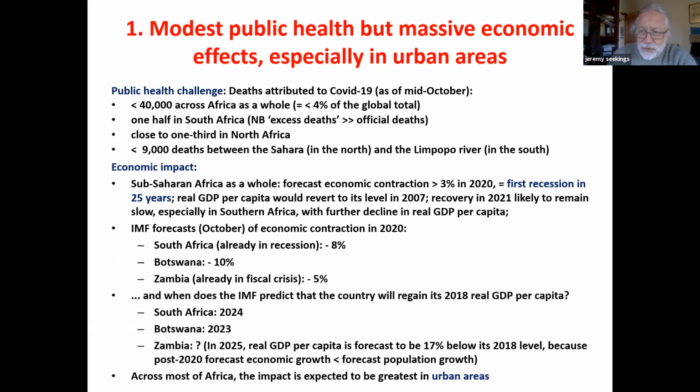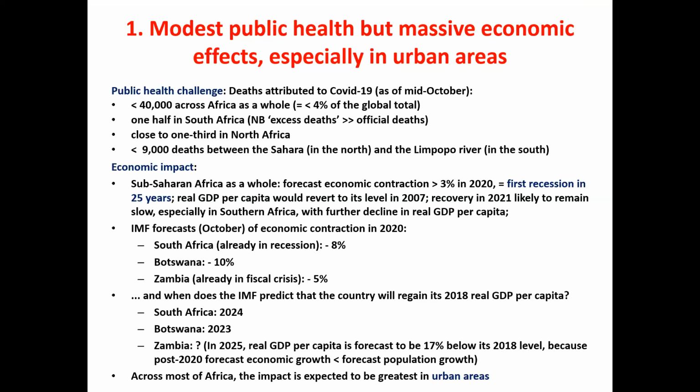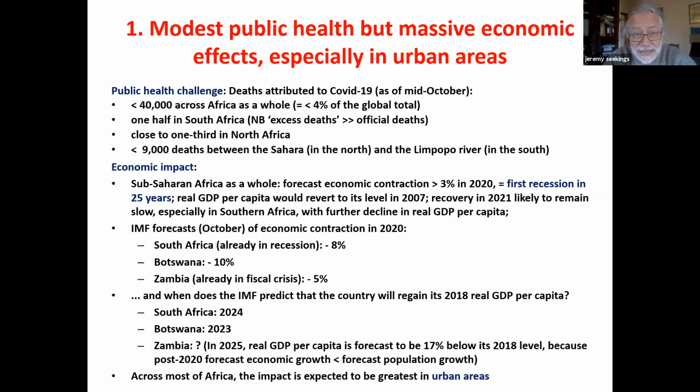Of course, I think we all know that the challenge of COVID-19 in Africa is primarily an economic one, not primarily a public health one. Outside of South Africa and parts of North Africa, there are very, very few confirmed cases. And of course, that might be a product of very little testing, but there's also very few deaths attributed to COVID.